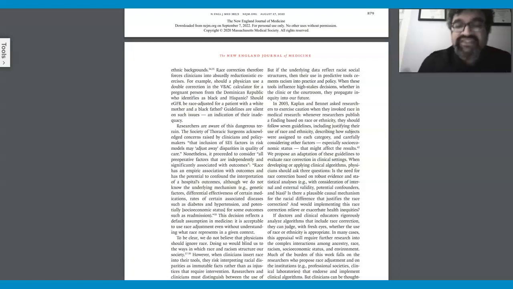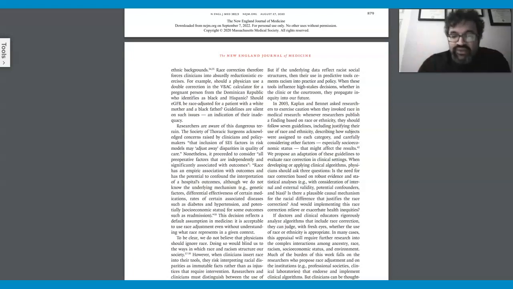So the researchers propose an adaptation of these guidelines to evaluate race corrections in clinical settings. When developing or applying clinical algorithms, physicians should ask three questions. One, is the need for race correction based on robust evidence and statistical analyses, with consideration of internal and external validity, potential confounders, and bias?